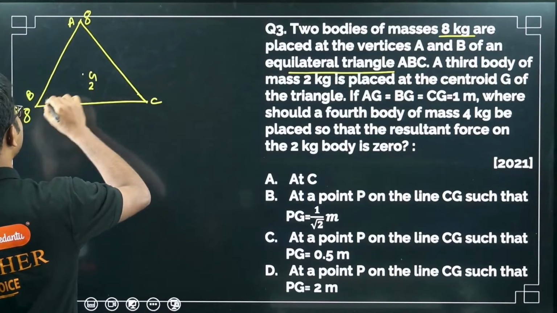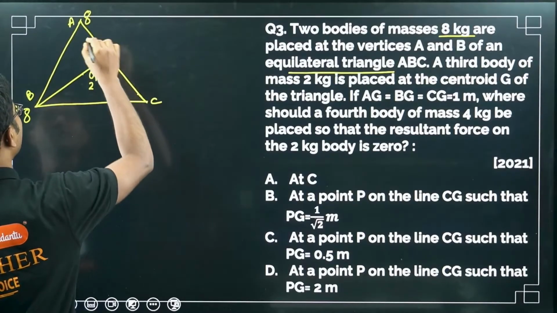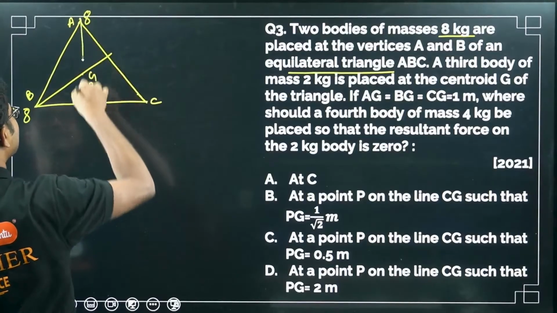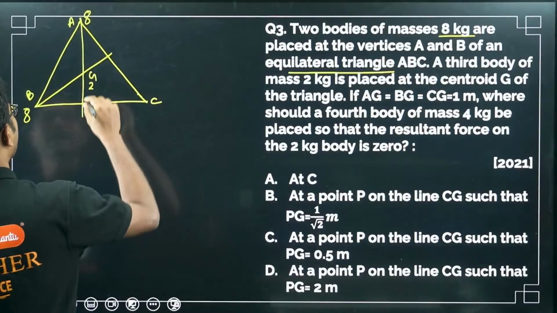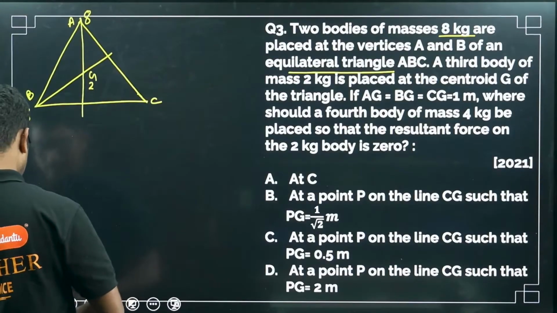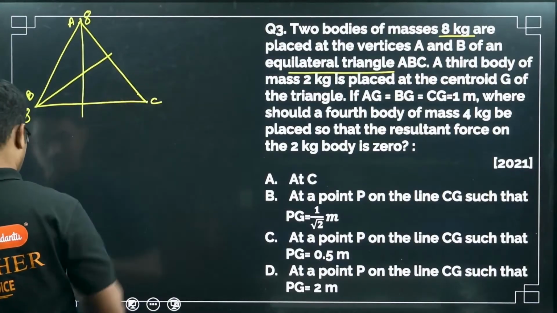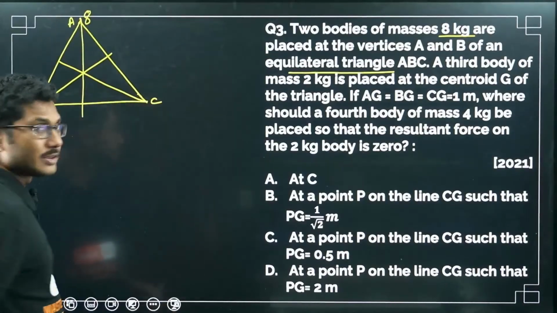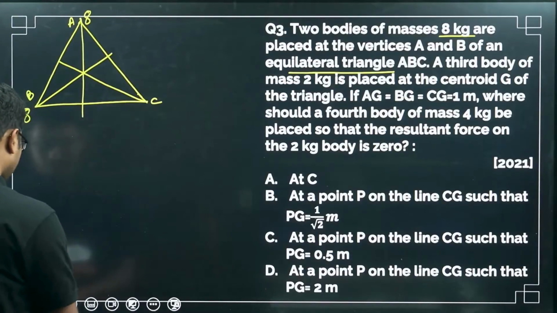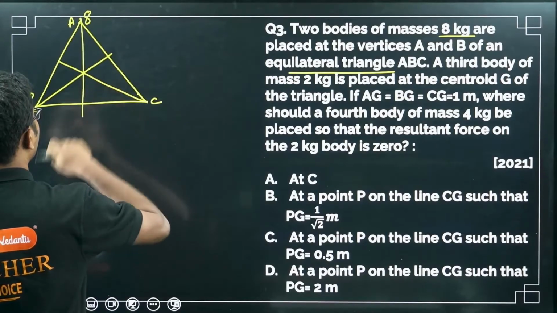Now what is the centroid? Centroid is basically, if you draw the bisectors, all three bisectors will pass through this point, which is called G. Now what else?